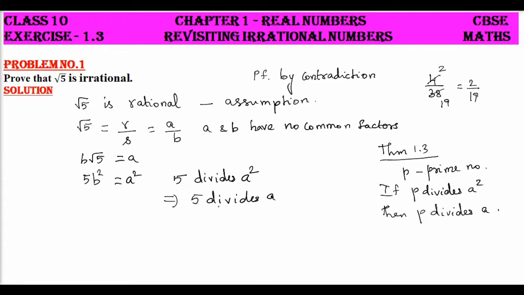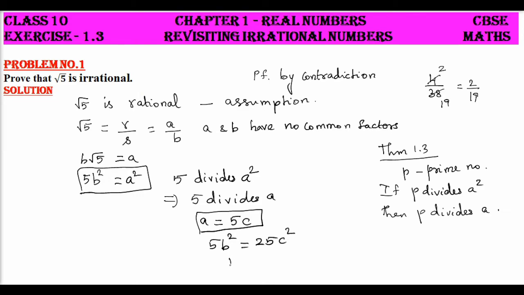Okay. Yes, if 5 divides a, then a can be expressed as a multiple of 5. So I can write a equal to 5c. Now let me substitute here. When I substitute a equal to 5c, I get 5b square equal to 25c square. Otherwise, b square equal to 5c square.